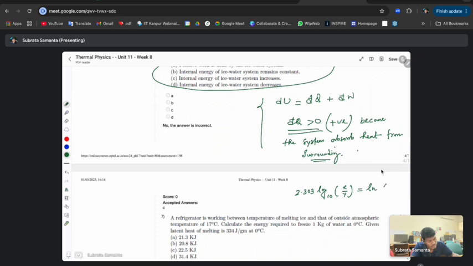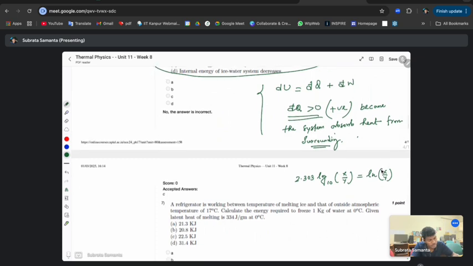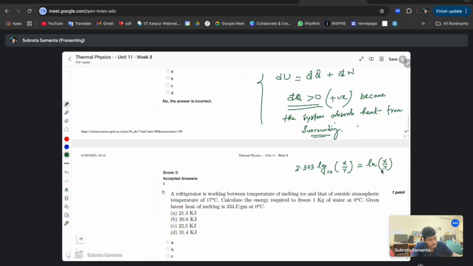Yes, x by y. So log 10, if you convert it to ln, so basically 2.303 and log 10, so this is basically e, right? What is the value of e? The value of e is basically 2.303, right? So this ln is basically log at base e of x over y.